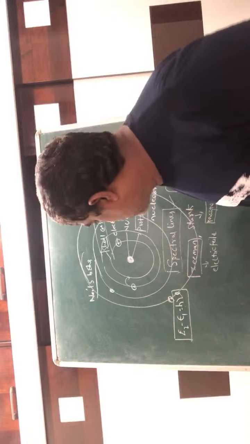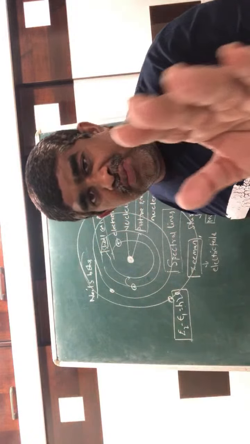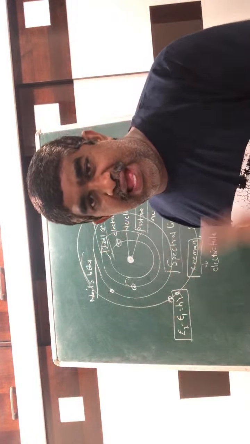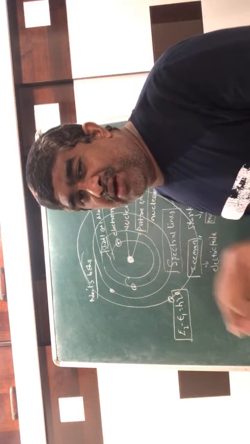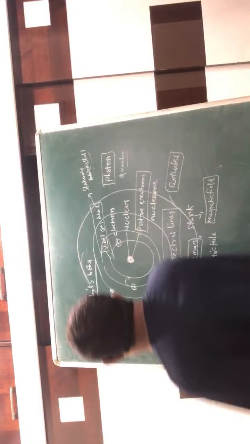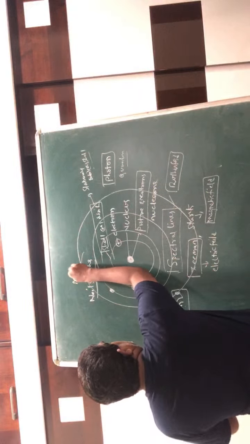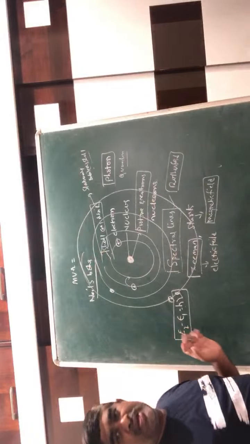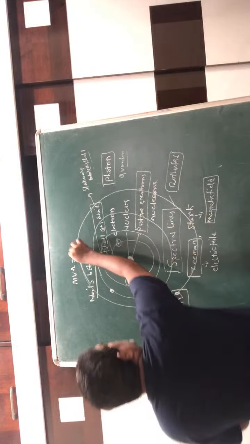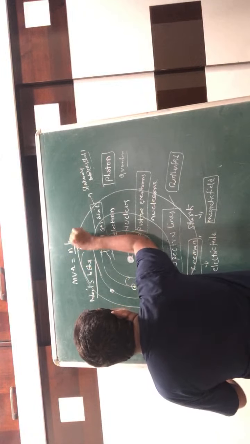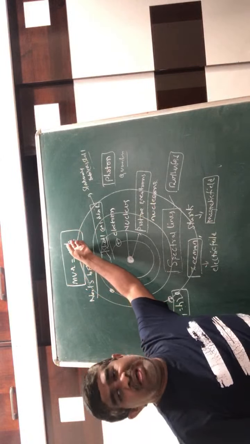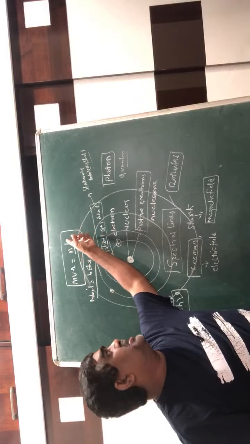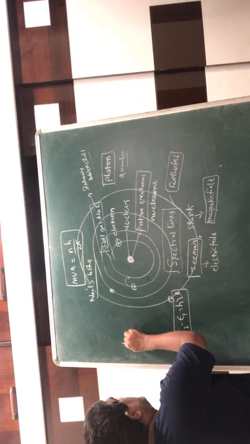He also said that the angular momentum of an electron, that means mvr, angular momentum of an electron mvr equal to nh/2π. Okay, angular momentum of an electron is equal to integral multiples of h/2π, where h is called the Planck's constant.